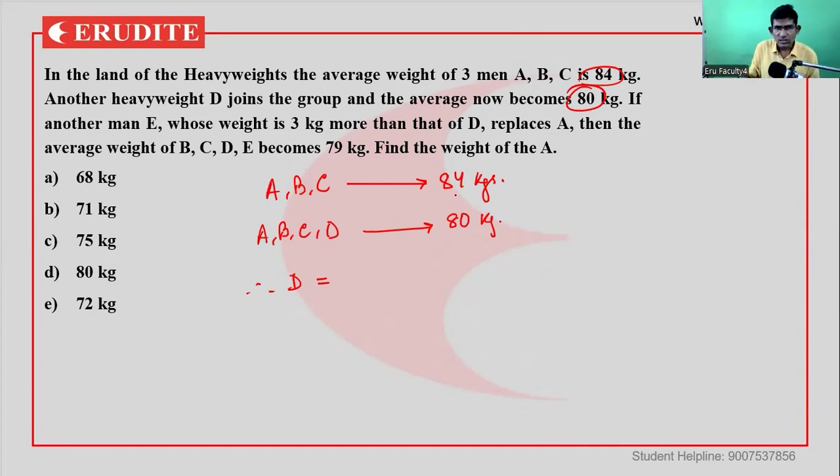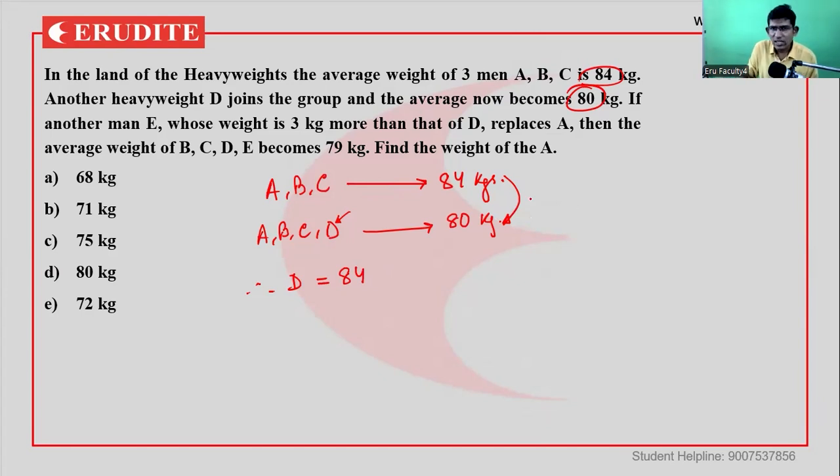Now, the simple logic is, if the weight of D was 84, then the overall average would have remained 84 itself. If the weight of D was 84, then the average of ABCD would have remained 84. But it is not 84.